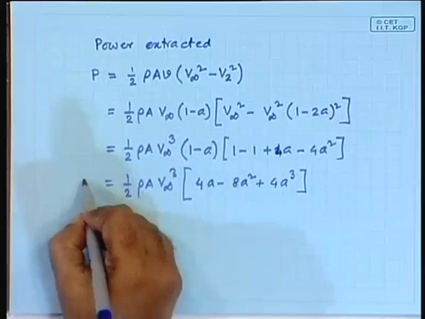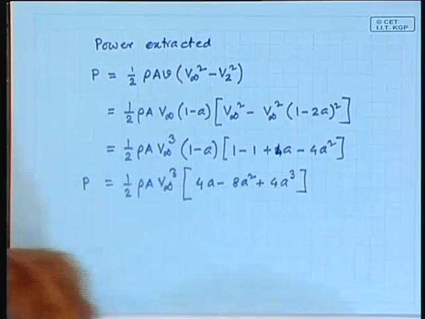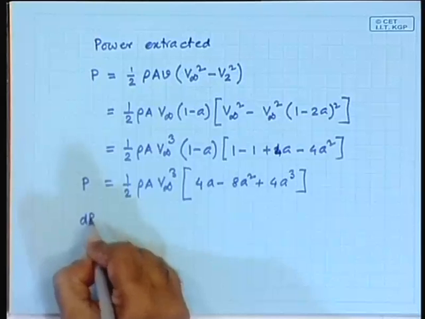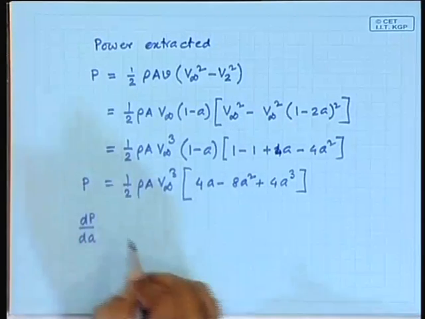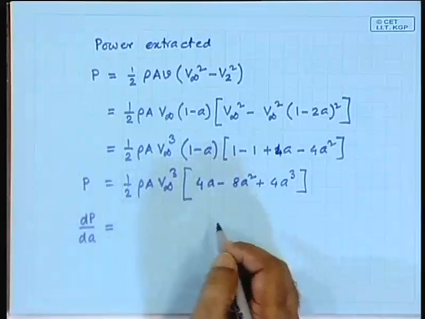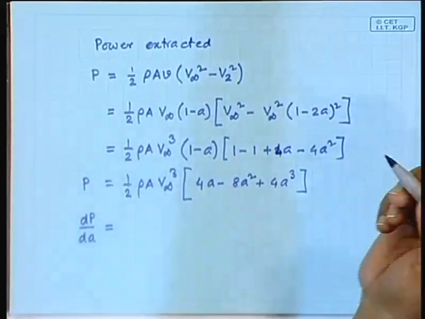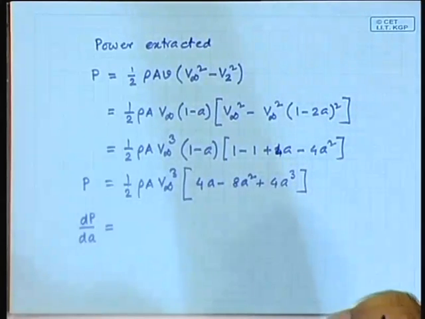Good. So, we have expressed P, and what we want to do? We want to differentiate P with respect to A. What do you drive at? That should be equal to 0. So, what do you get?